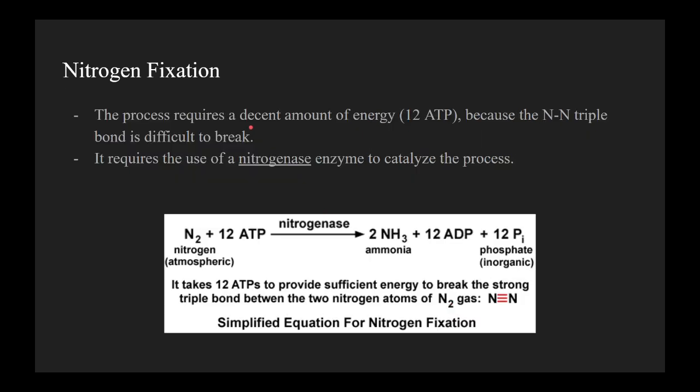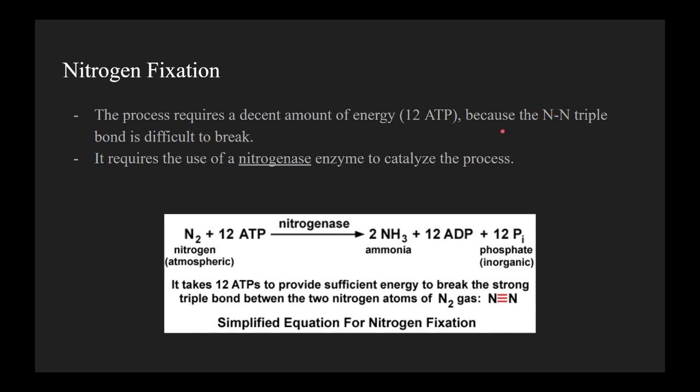This process, we're not going to get into all the molecular mechanisms as we did with respiration or photosynthesis in those review videos. But essentially this process is pretty energy intensive, around 12 ATP, just because the N2 actually has a triple bond between it, which I couldn't really draw on the slides here, but yeah, there's 3 bonds between the nitrogen.